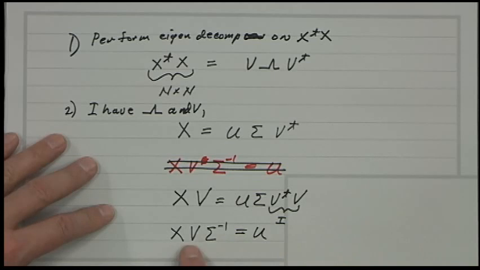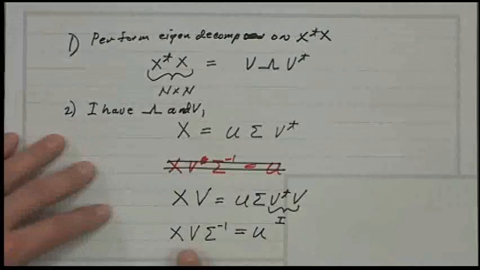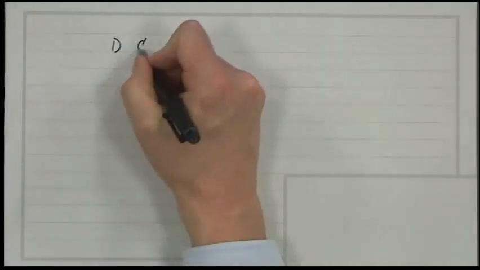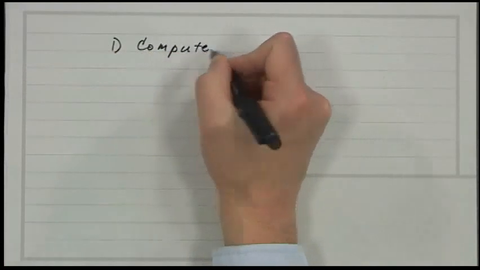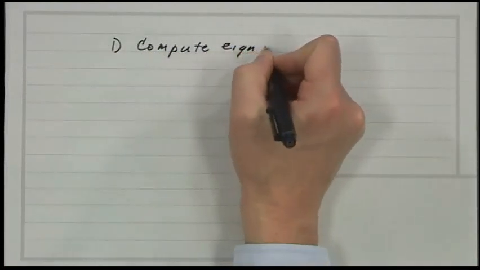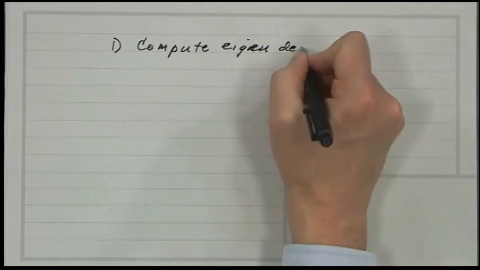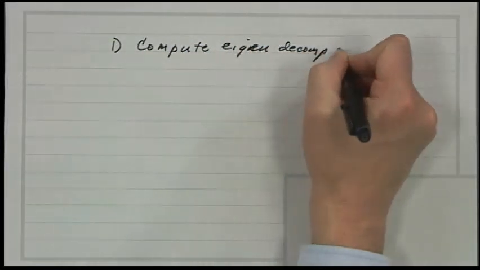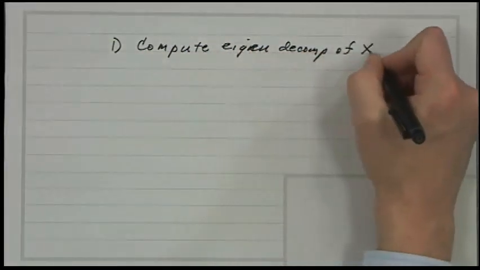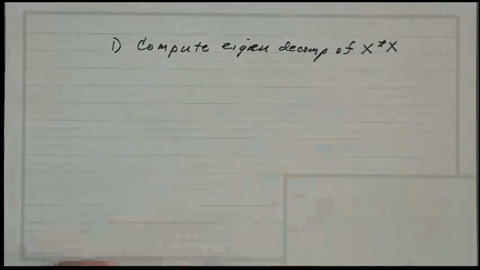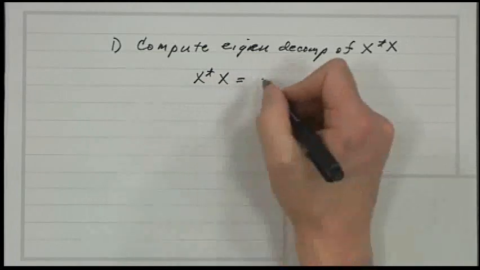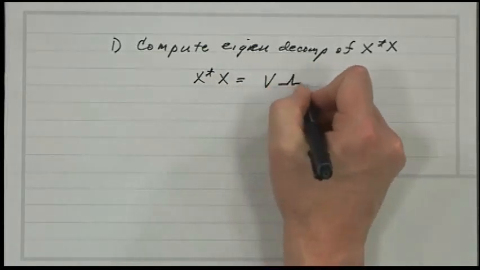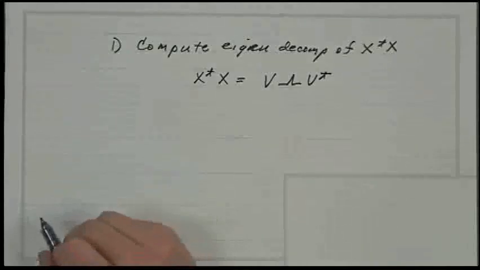So basically, once we have X, the algorithm is this. Step 1, compute the eigendecomposition of X transpose X. So you get X transpose X equals V lambda V transpose.